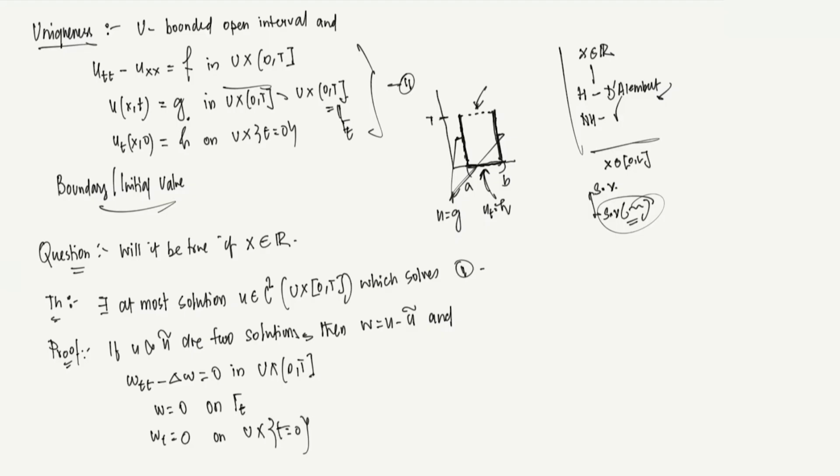What we did is, if you have two solutions, since we have a linear equation, all these A, F, G, H actually become 0 if we define U minus U tilde to be W. So for W, all of this becomes 0.